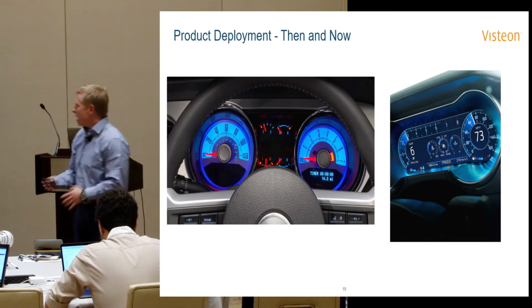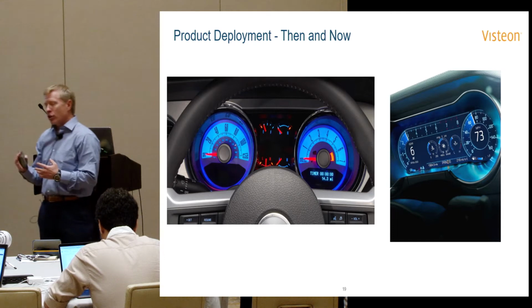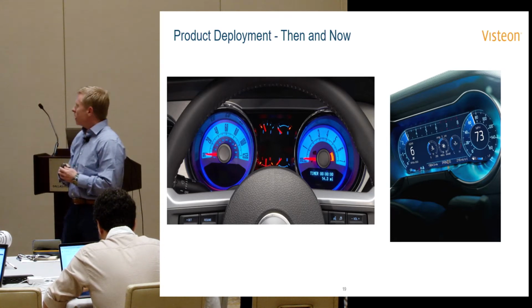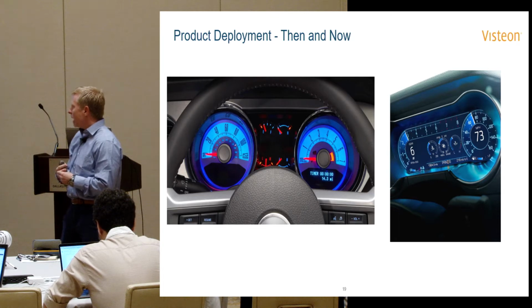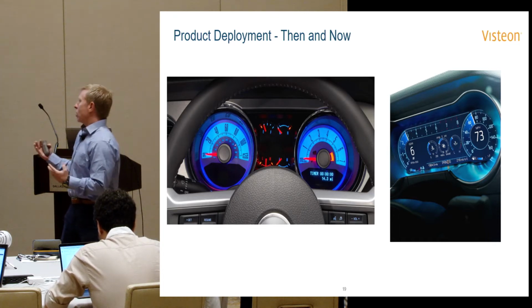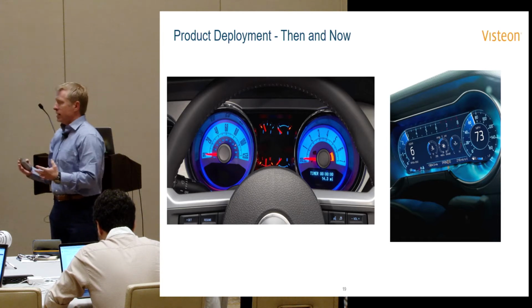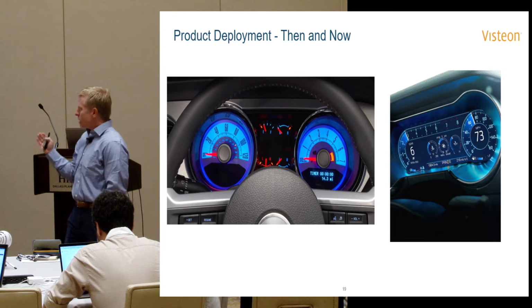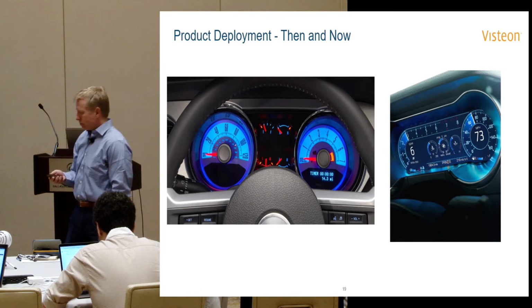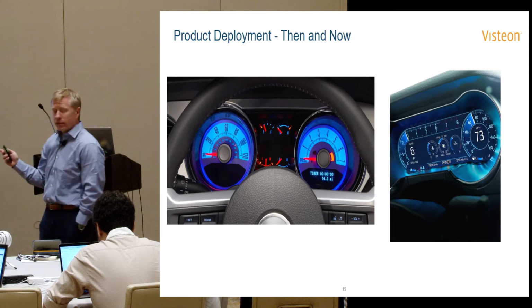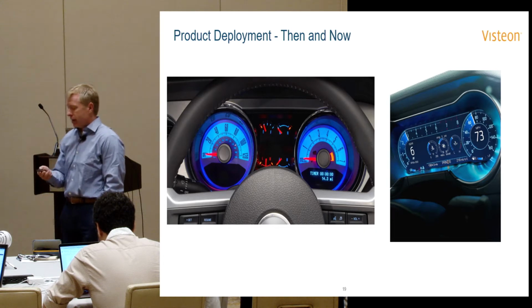On the left, we've got analog motor-controlled gauges and a small little LCD display. On the right, you've got a fully digital display. The odometer, everything digitized. This is the same vehicle from the same customer, separated by a couple of years. So the question is, can the same software architecture achieve both of these? That's the challenge in the industry.